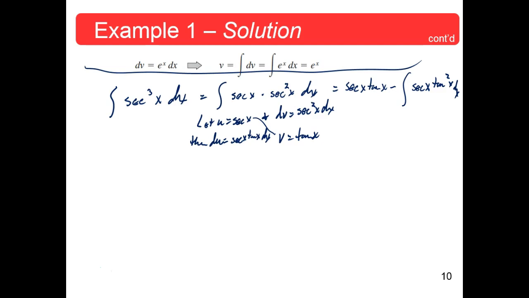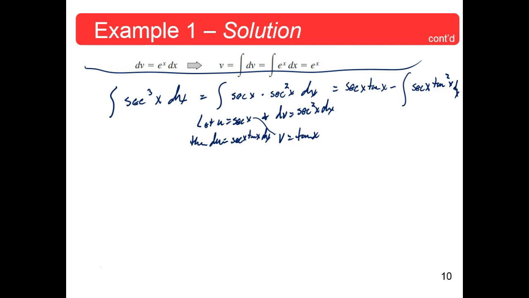Whenever you see the square, think Pythagorean. They deal with squares, right? Remember your Pythagorean identities? What were they? Let me do your simplest one, which I hope everyone remembers.